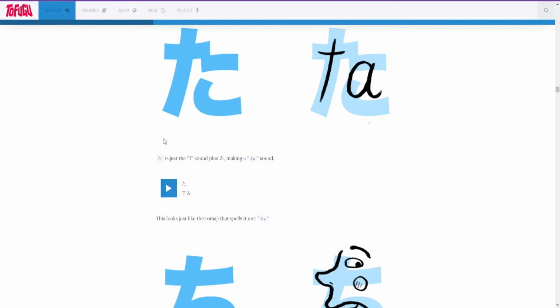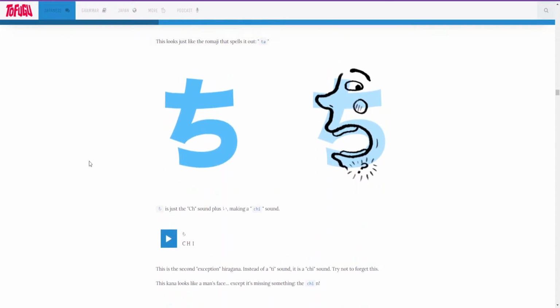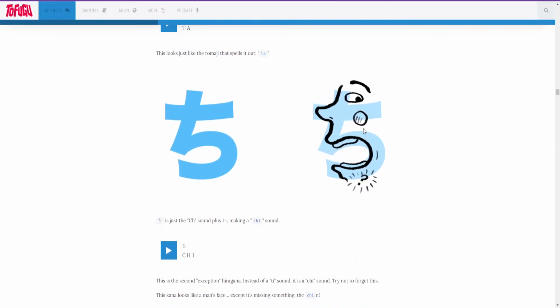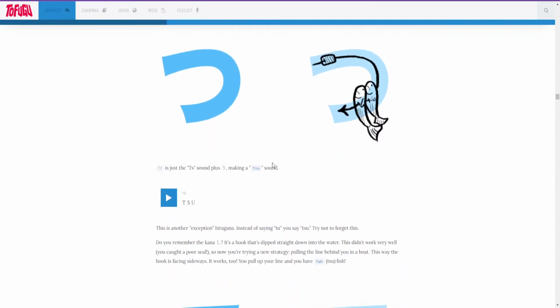And then we learned the tas. So we have ta, which spells out ta. And then our first ta exception, chi, looks like a person screaming because they bit their cheek. Chi. Ta, chi. And our second exception for ta was tsu. Sounds like two, but the T and S are together, so it's ts, and then u, tsu.